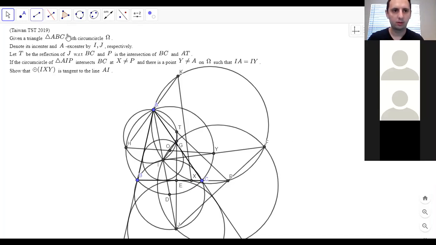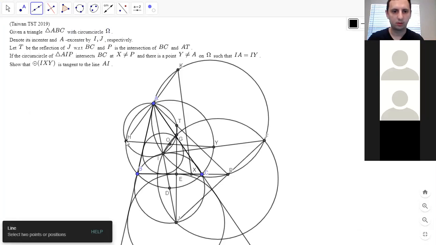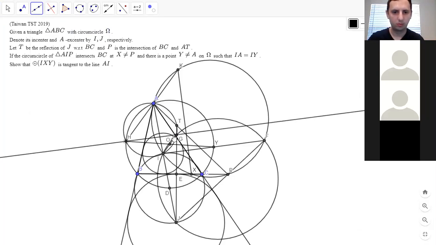Let's see. So can we say anything? Maybe we could show HG is parallel to KX.